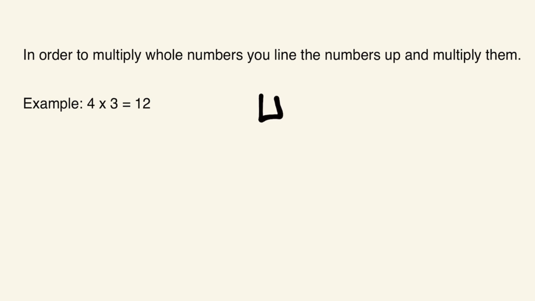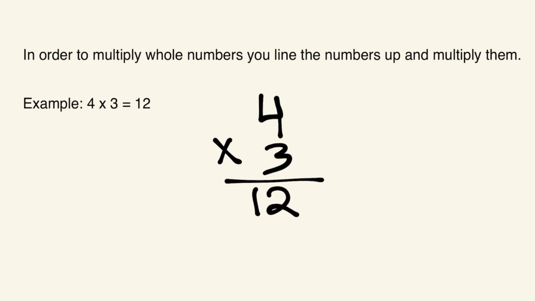So to do it over here, you would do 4 times 3, right? You line it up into a straight line, and using your timetables and multiplication, we know that 4 times 3 is 12. And that's basically a recap of how to multiply whole numbers.